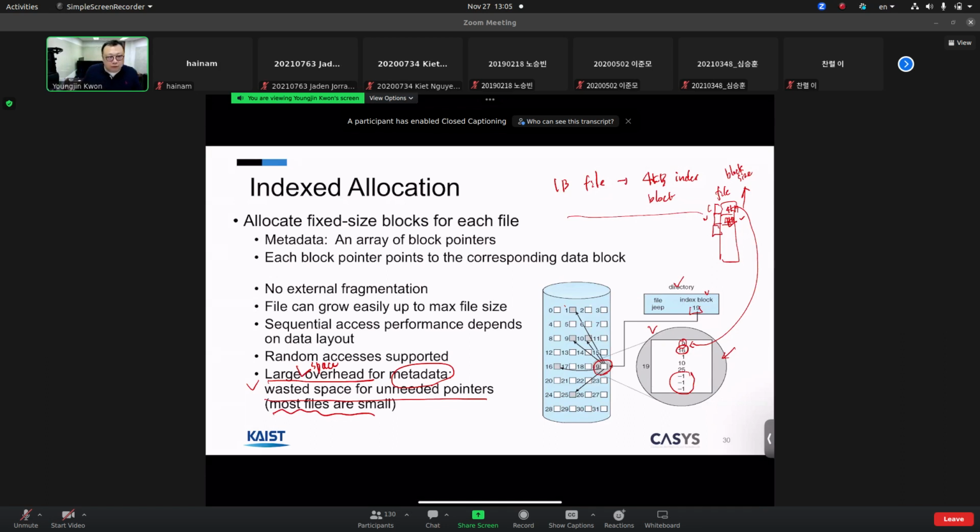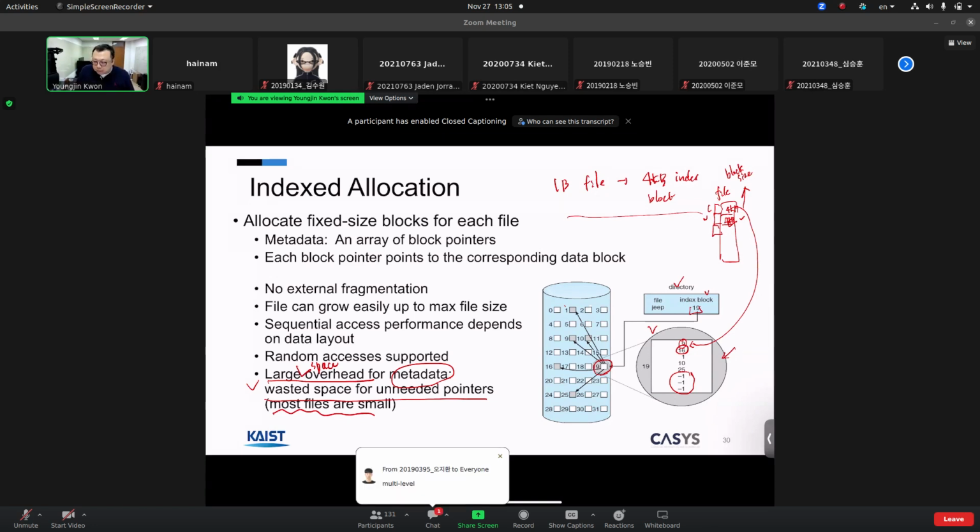Recall that we stopped there last time. What is the idea for reducing the index block overhead, especially when the file size is small? Multi-level is one thing, but I'm specifically asking about when file sizes are small.